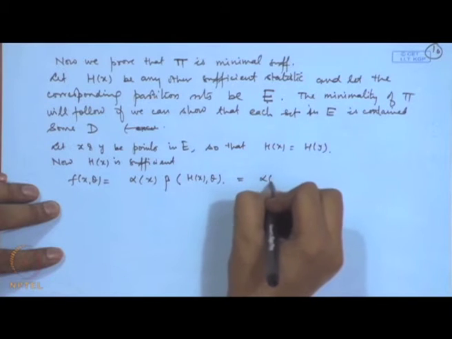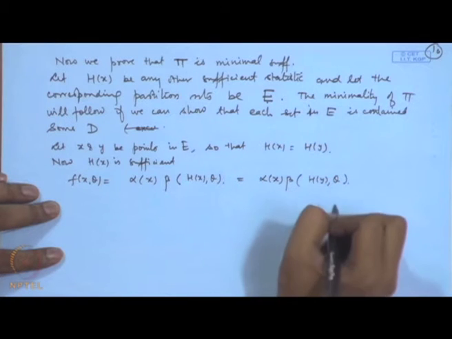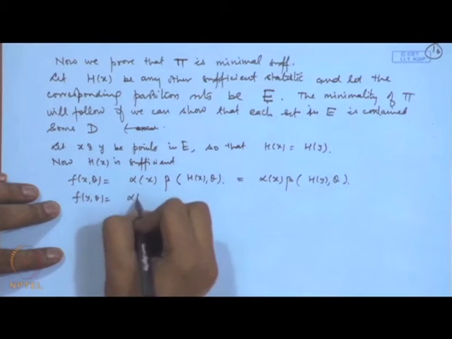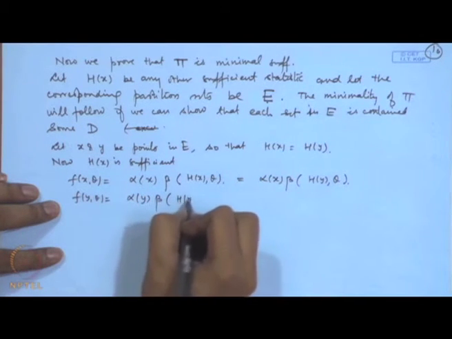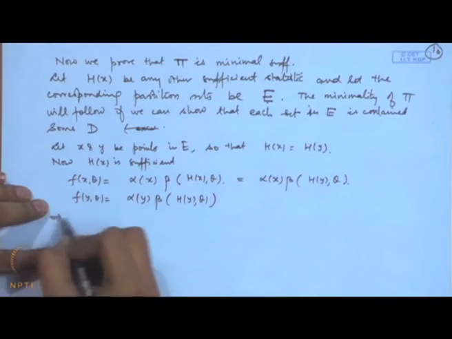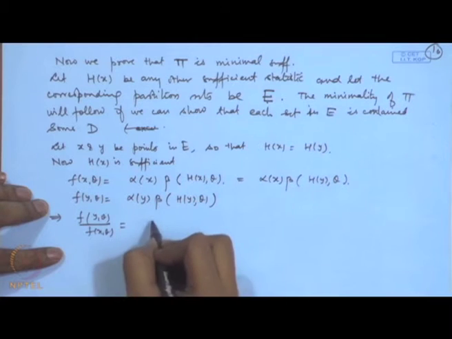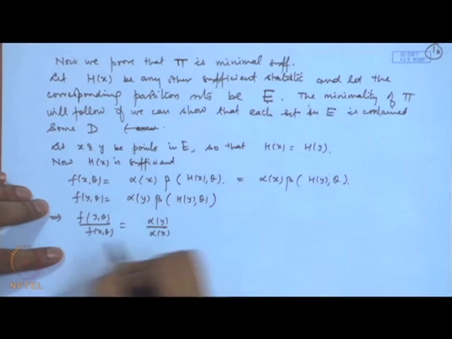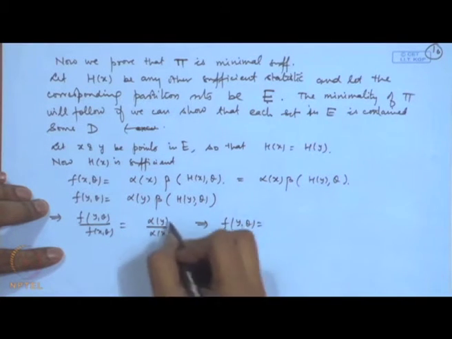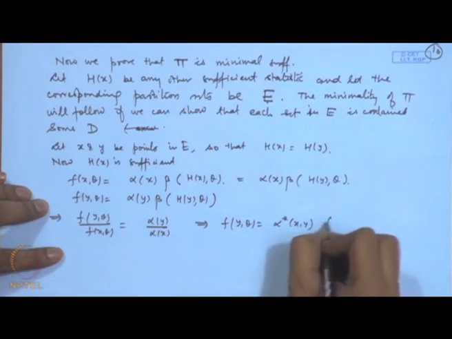Now, that we can write as alpha(x) beta(H(y), theta), and f(y, theta) we can write as alpha(y) beta(H(y), theta). So, if I take the ratio here, we get f(y, theta) by f(x, theta) is equal to alpha(y) by alpha(x). That means, we can say f(y, theta) is equal to a function of x, y into f(x, theta).